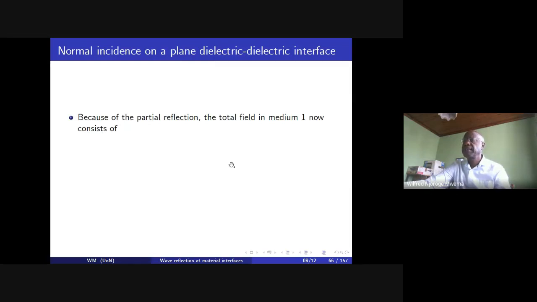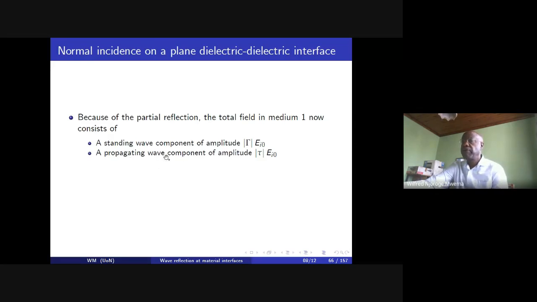So we can say that the total field in medium 1 therefore consists of a standing wave component with an amplitude of twice gamma EI0. And it has a propagating wave component of amplitude tau EI0. Remember, it has a 2 which has been left out typographically. It's a typographical error there.